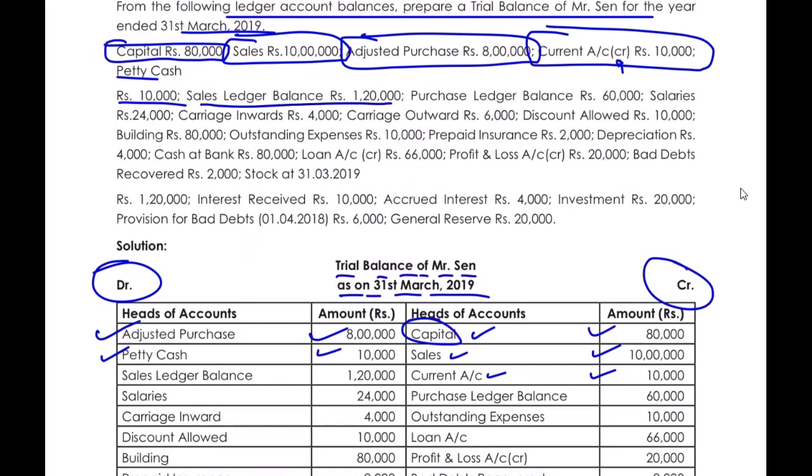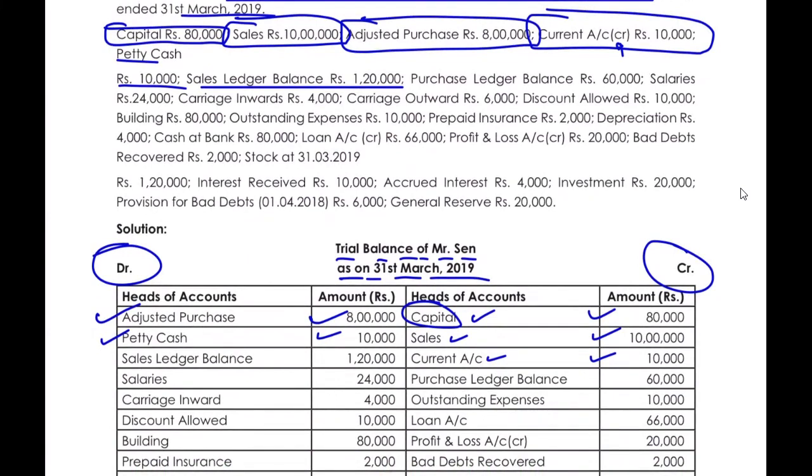Sales ledger balance of rupees 1,20,000. Sales ledger balance is something where we have sold goods, but on credit basis. So these are nothing but your debtors, and debtors are your assets. So 1,20,000 would be mentioned on your debit side.